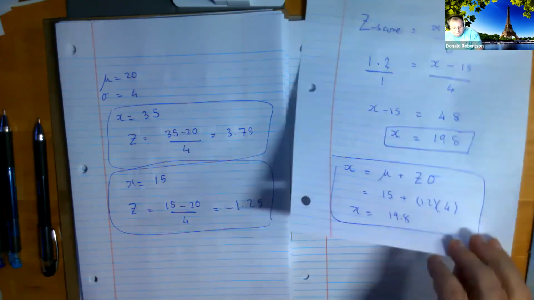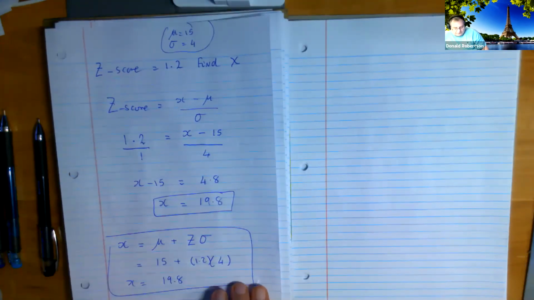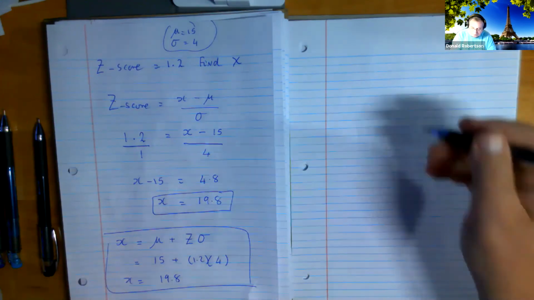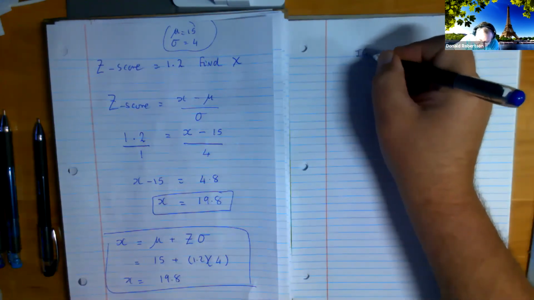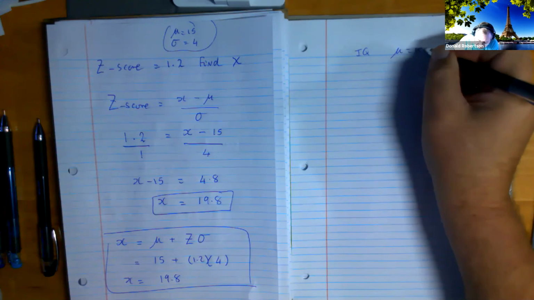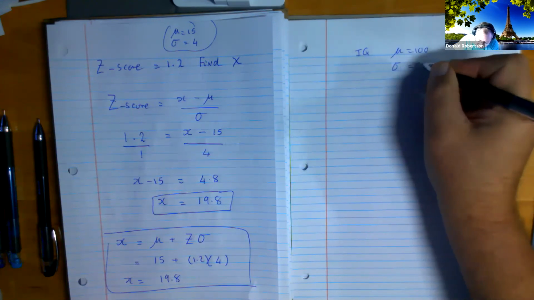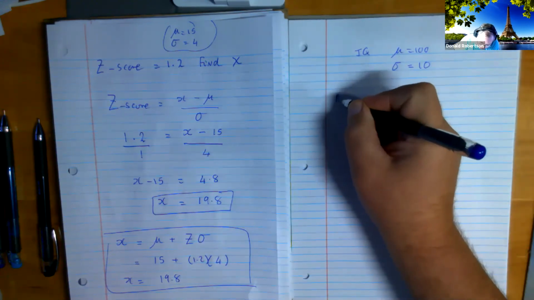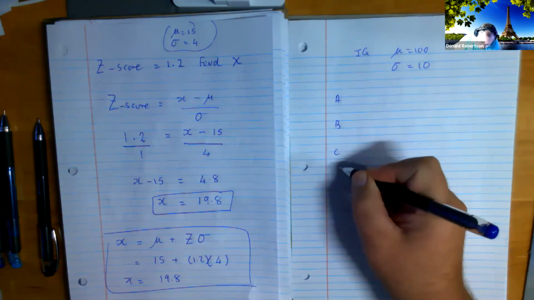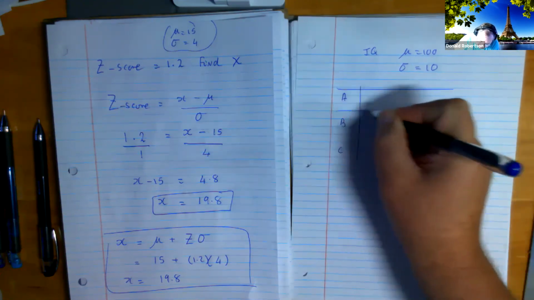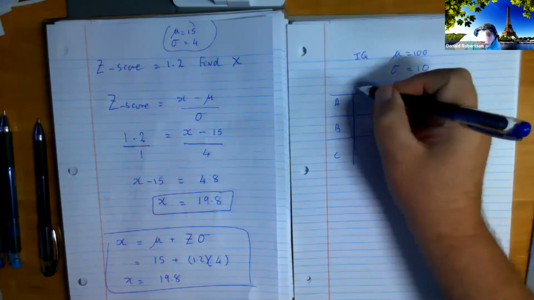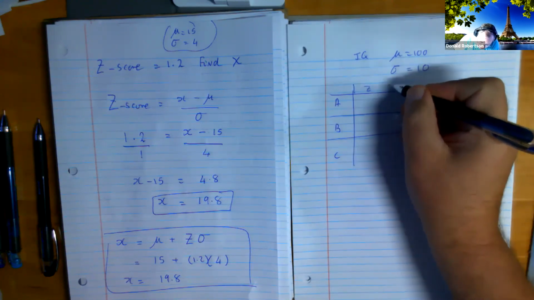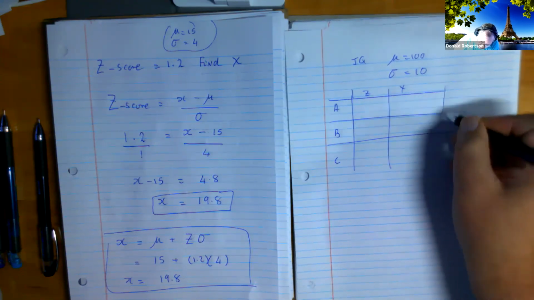So, do IQs. The mean is 100. Standard deviation is 10. And we'll have 3 people. And these 3 people, all I'm going to tell you is their Z-score.